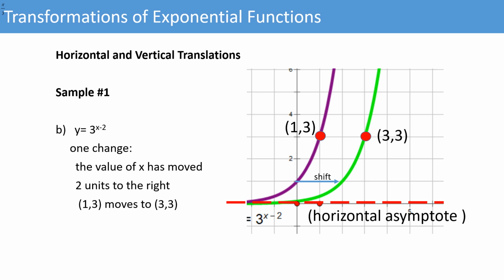So it's a shift to the right. And we can see that if we compare the original point of (1, 3) with the new point of (3, 3). You can also look at the point (0, 1), which was the y-intercept of the original graph, and it has now shifted over 2 units as well to become (2, 1).